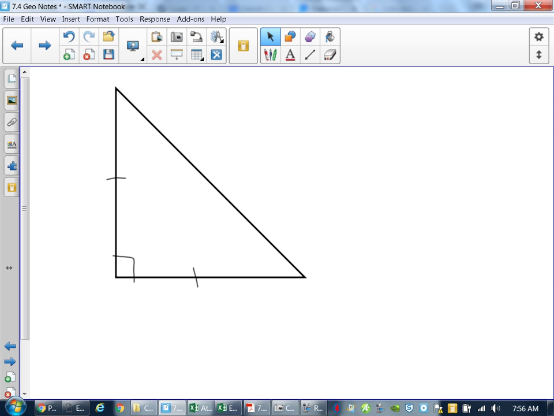So, if we know that one side length is x, we know the other side length has to be x. So when I am at a 45-degree angle, I am looking at a side opposite me, across. And then across from the 90 is equal to how much?